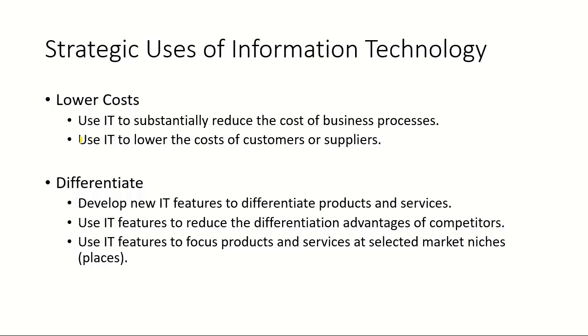Next, companies are using IT to lower the cost of customers or suppliers. Next, strategic use to differentiate. Develop new features to differentiate products and services. Companies are using IT features to reduce the differentiation advantages of competitors and use features to focus products and services at selected market niches or places.